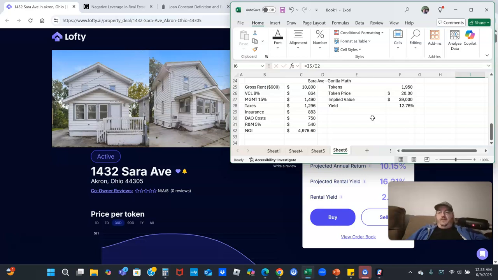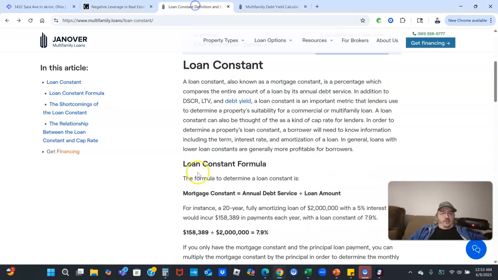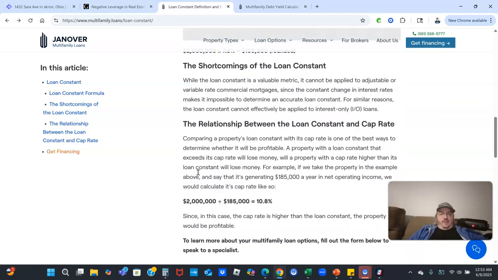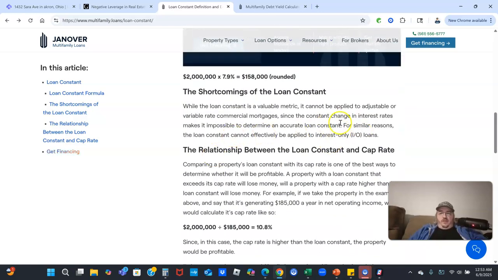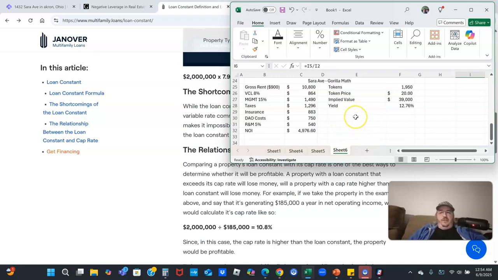Because it's an interest only loan, there's the mortgage constant calculation. And I actually think when they talk about your loan constant on here, they have a little note about the shortcomings of it, and you can't effectively apply this to interest only loans, right? And so the fact that we have an interest only loan means we really only have to compare our cap rate to our interest rate, right?